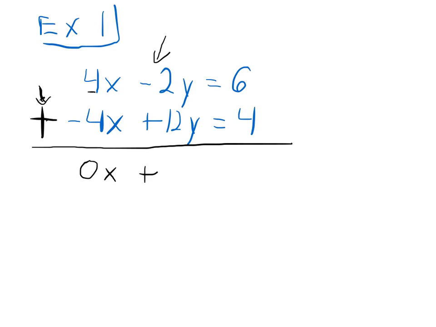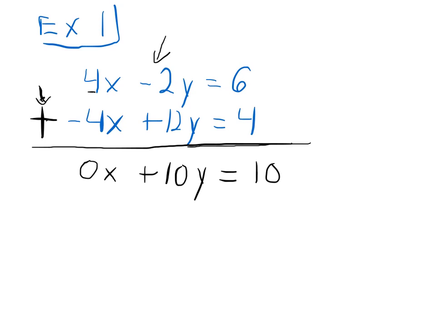So I can write plus 10y. And now we have to add these constant terms over here too. That's why we did the line all the way over underneath. Okay. So if you do 6 plus 4, you better not be using your calculator on that. 6 plus 4, 10.